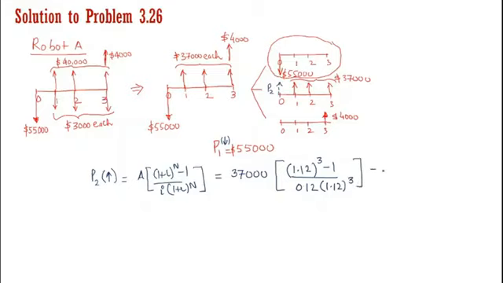If I compute this, this comes out to be $88867.756. So this is the second transaction.